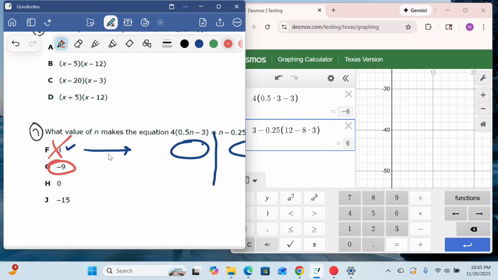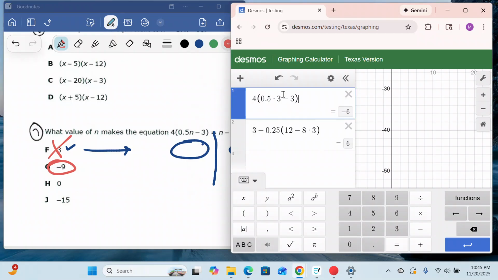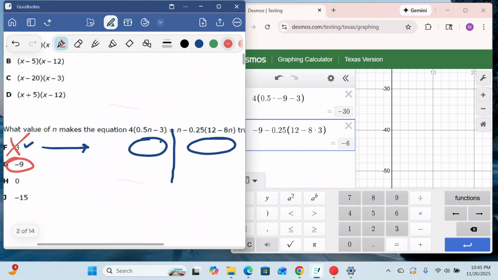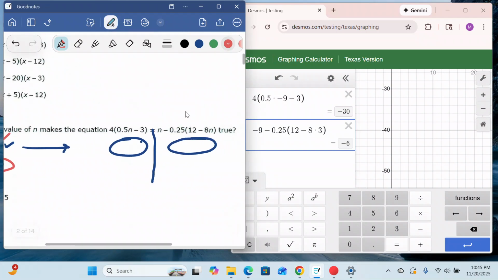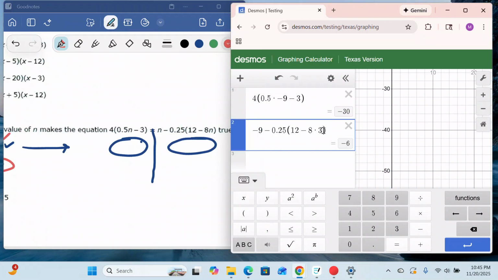If it equals on both sides, then it's a true statement. If it does not equal, then it's not a true statement. So instead of the 3, I click behind it and input negative 9. Then I come to the bottom and change the 3 to a negative 9, and change the 8 times 3 to 8 times negative 9.